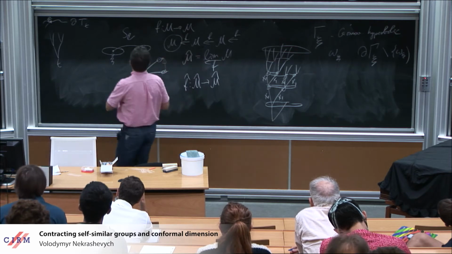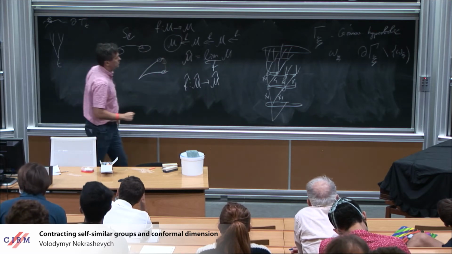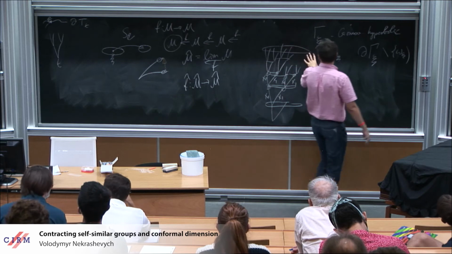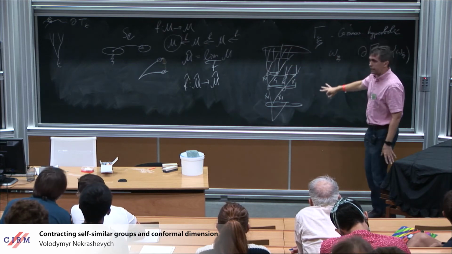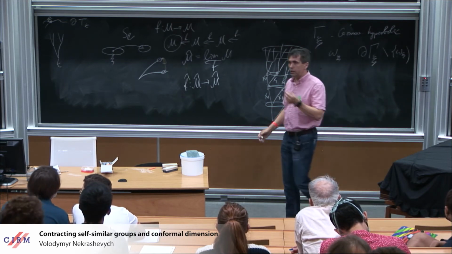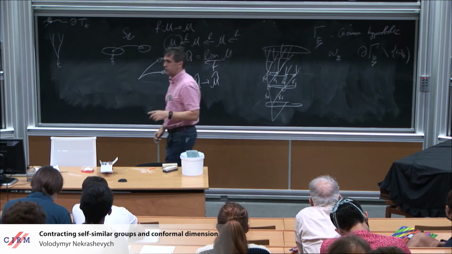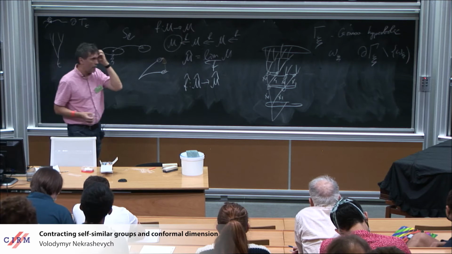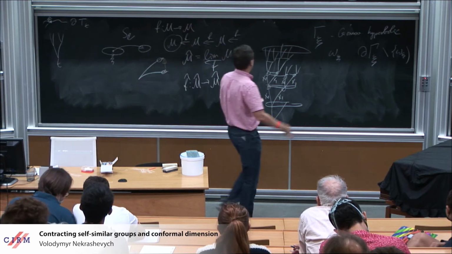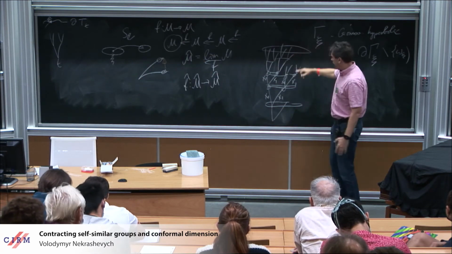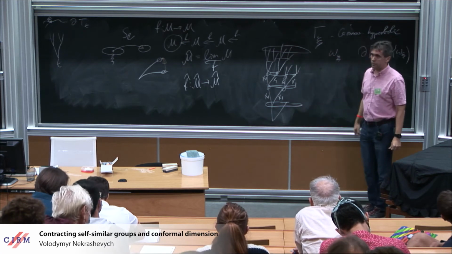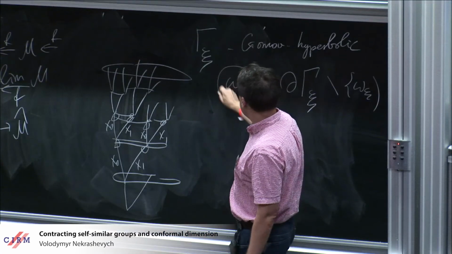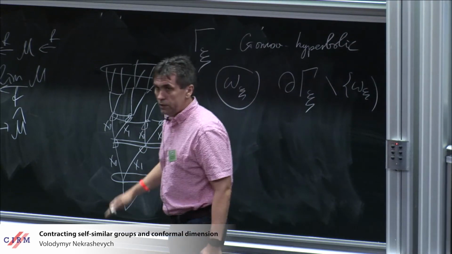OK, so let me go. Sorry. This is a particular case of a more general setting of so-called hyperbolic groupoids. That includes many more examples, not only coming from expanding maps. And in all these cases, the Cayley graphs of these hyperbolic groupoids have a special point on the boundary.